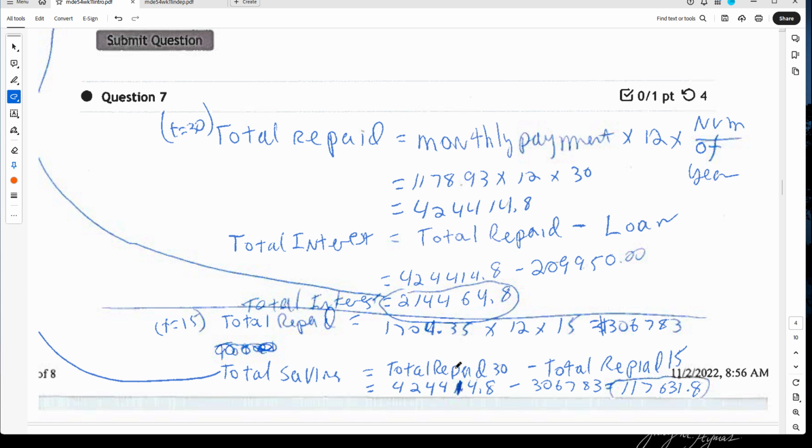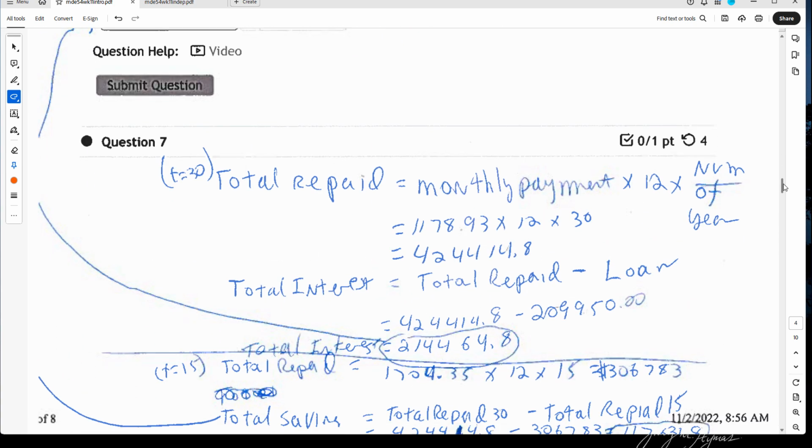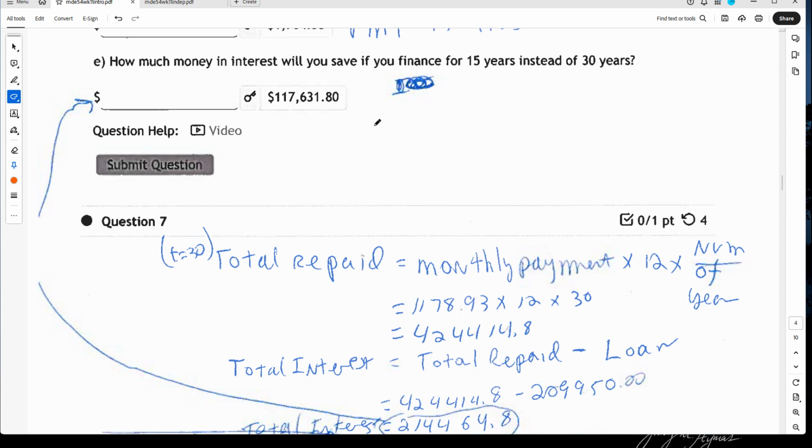So the total savings is going to be total repaid at 30 minus total repaid at 15, which is $117,631.80. And that goes right up there. That's how you do that problem.